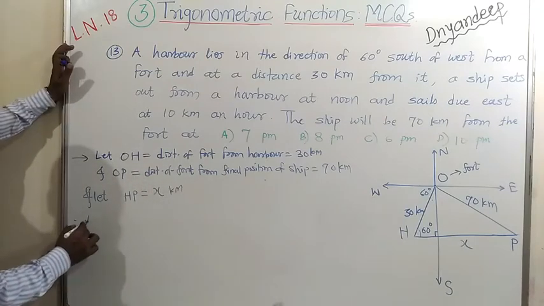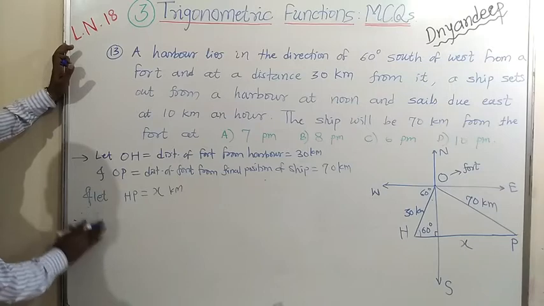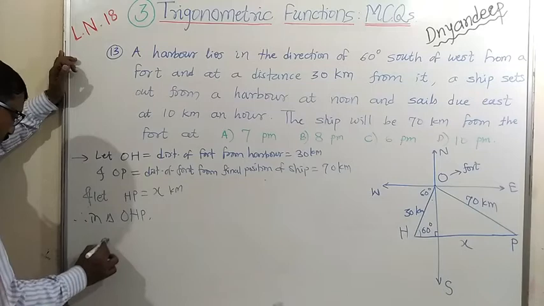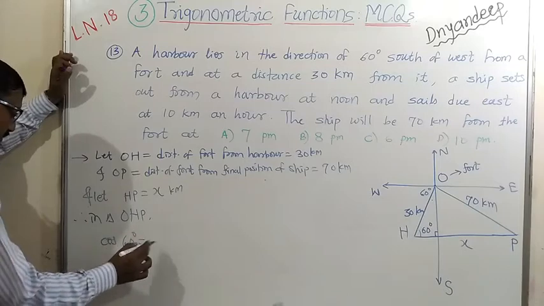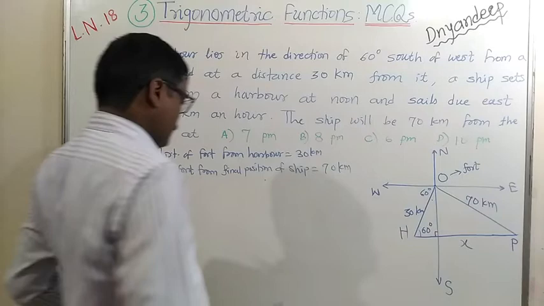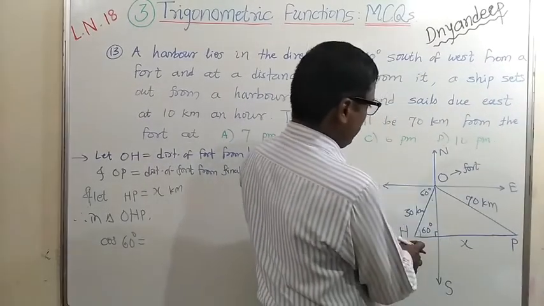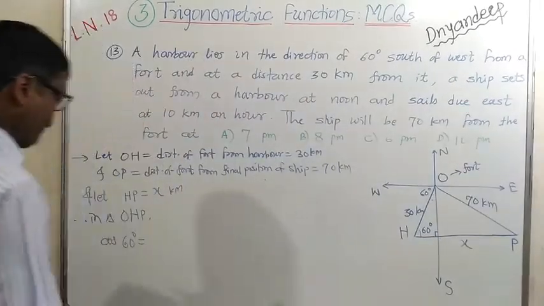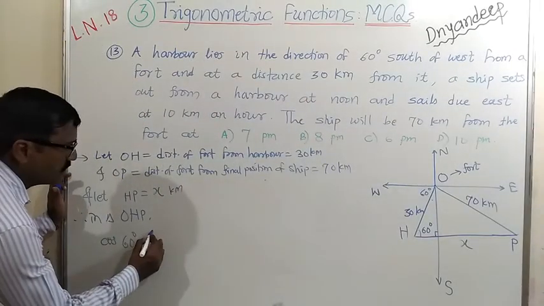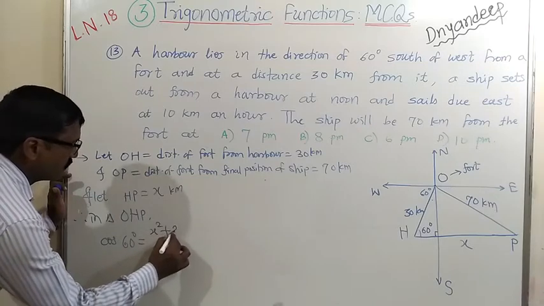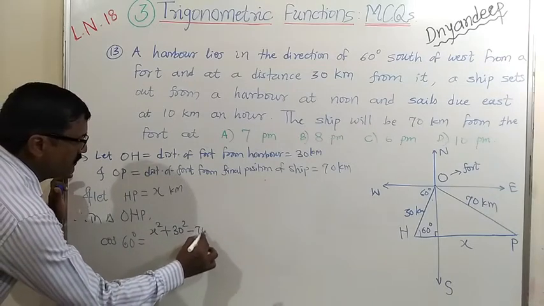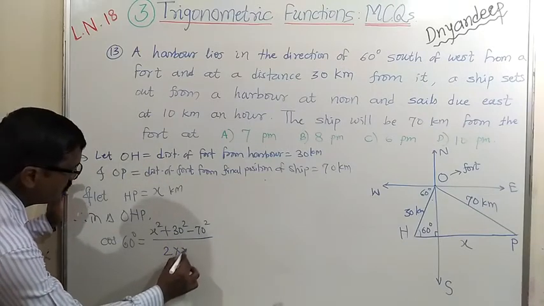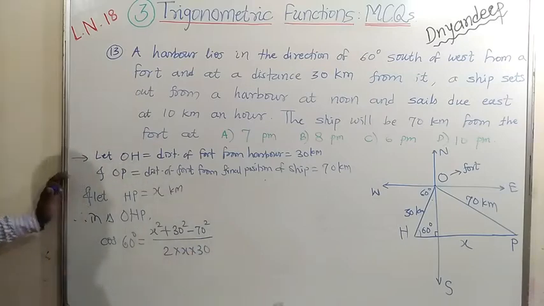Therefore, in triangle OHP, cos 60 is equal to this square plus this square minus this square, that is x square plus 30 square minus 70 square, whole divided by 2 times x into 30.